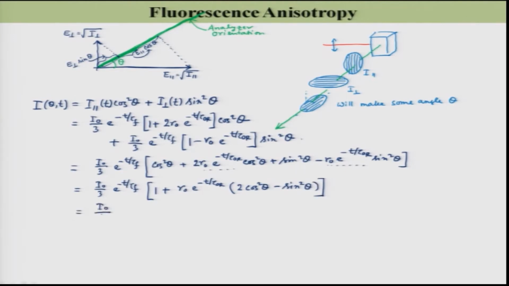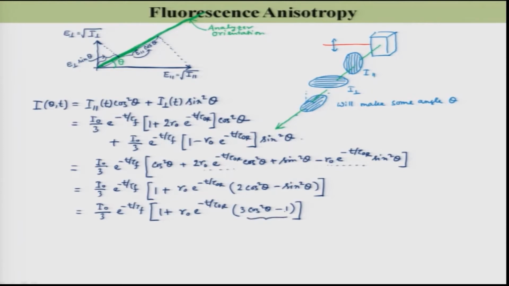So, I 0 by 3 e to the power minus t by tau f, I will keep this part as it is, r 0 e to the power minus t by tau r, and this can be written as 3 cosine square theta minus 1. I am done.